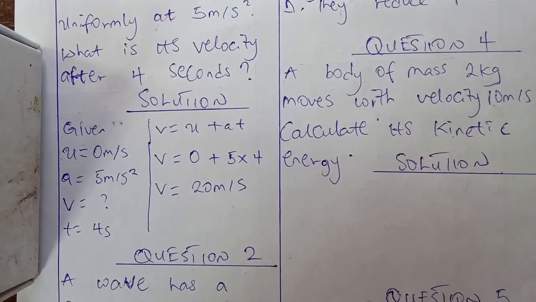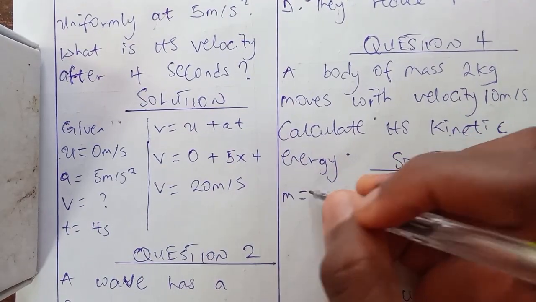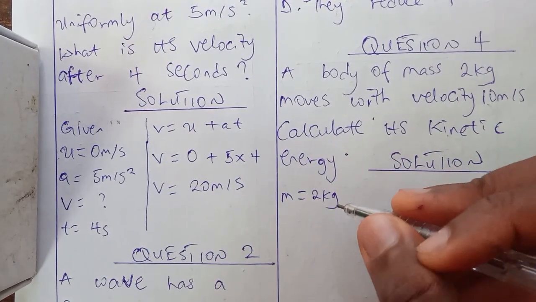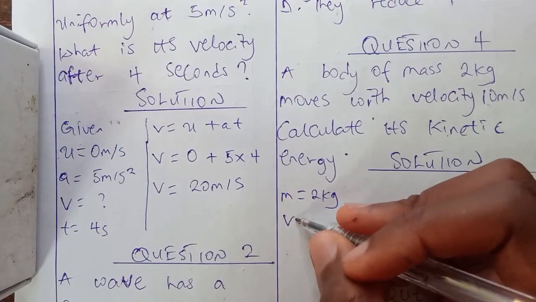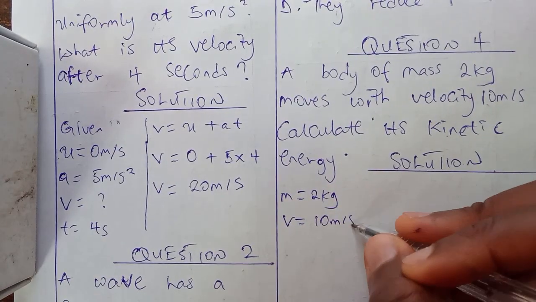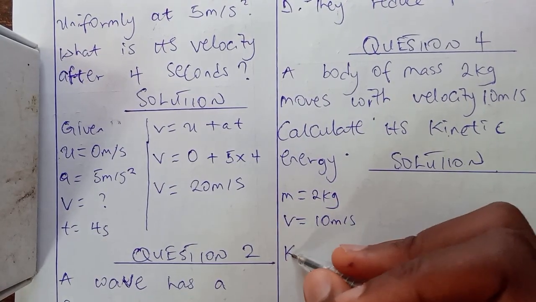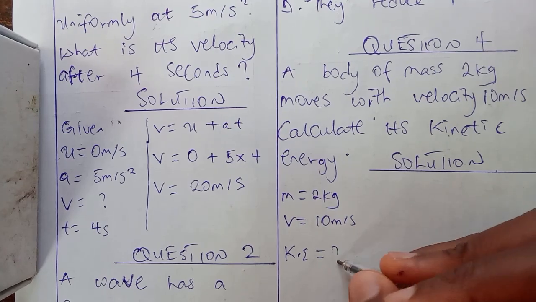So now say a body of mass, m equals 2 kilograms and velocity v equals 10 meters per second. To calculate the kinetic energy, KE, equals unknown.